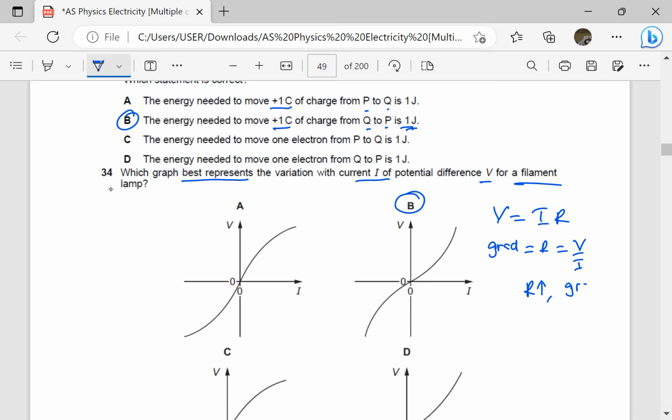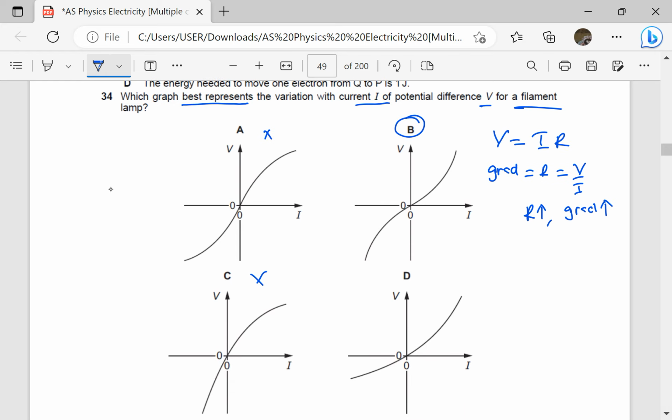This one is showing a decrease in gradient, this one is showing an increase in gradient, and this one is showing an increase in gradient. However, for a filament lamp, this one is showing the other side, that the gradient decreases, yet it increases. So the answer is going to be B.